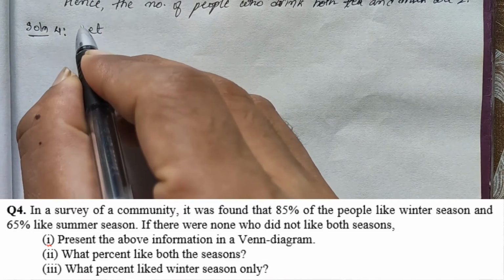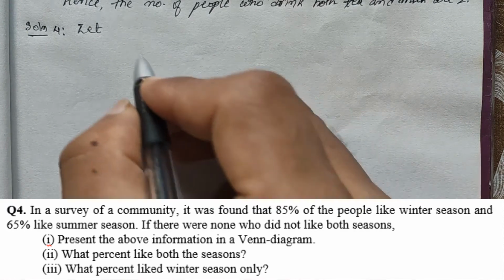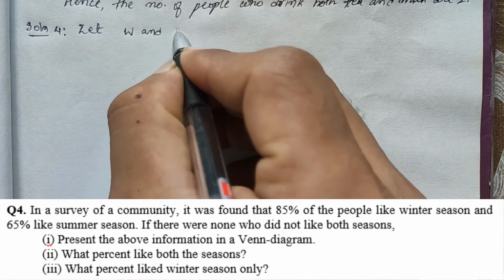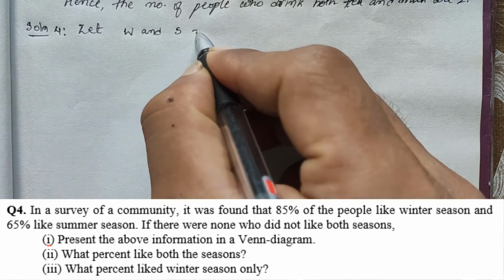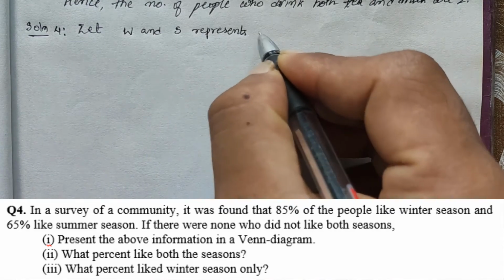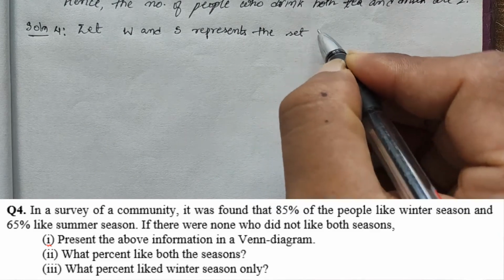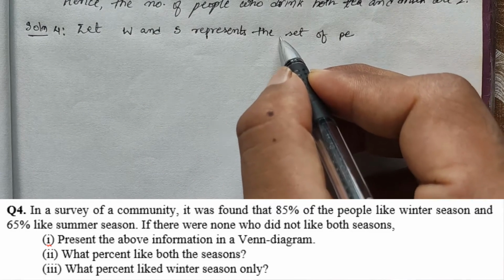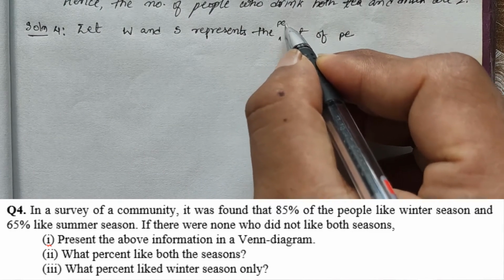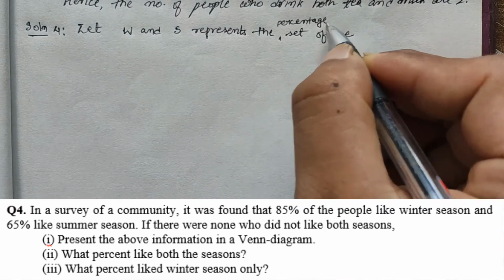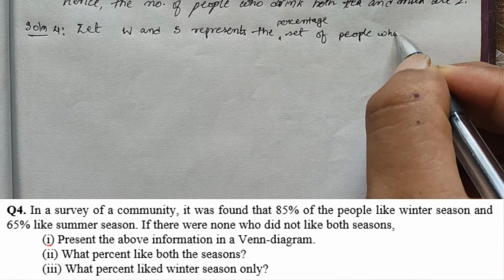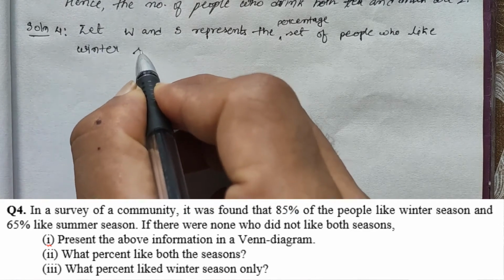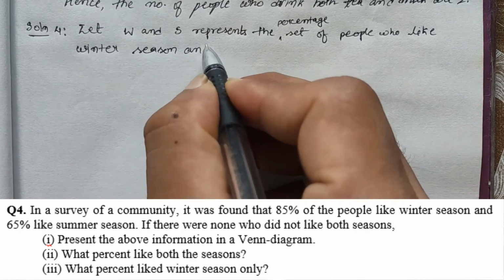First you have to write the "let" part. Let W and S represent the sets of people, let's say the percentage of people who like the winter season and the summer season.